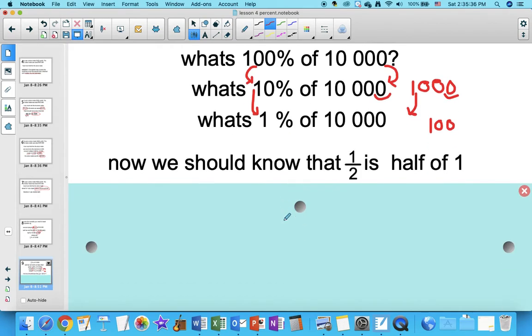Well, we should know that 1 over 2 is half of 1. So if this is 1%, and I'm looking for half a percent, I can divide this by 2, and that'll give me 50.